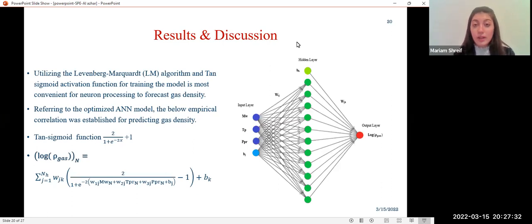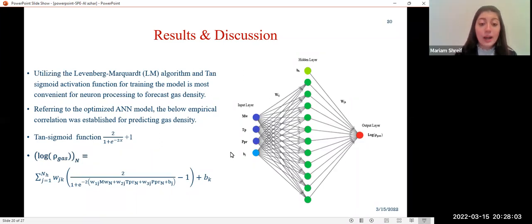So for the hidden layer, the amount of each neuron in the hidden layer is equal to the amount of each neuron in the input layer times the weighted average. So the molecular weight times the weighted average within the input and the hidden layer, plus the pseudo-reduced temperature times the weighted average, plus the pseudo-reduced pressure times the weighted average.